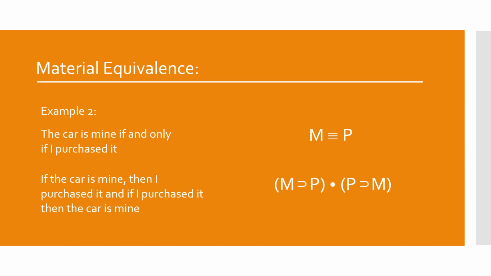What material equivalence tells us in this case is that the claim M if and only if P is logically identical to the claim if M then P and if P then M. So the claim the car is mine if and only if I purchased it is logically identical to saying if the car is mine, then I purchased it, and if I purchased it, then the car is mine.